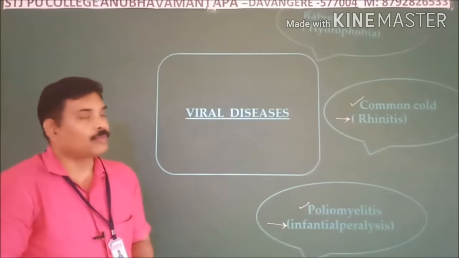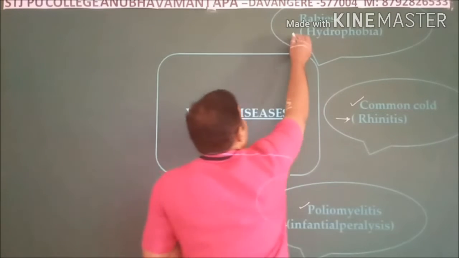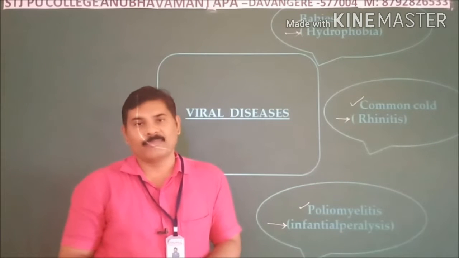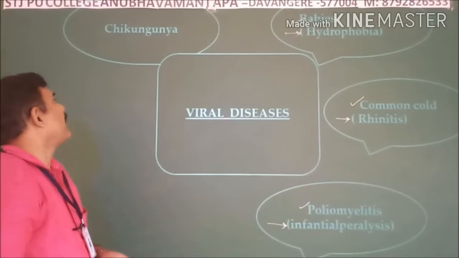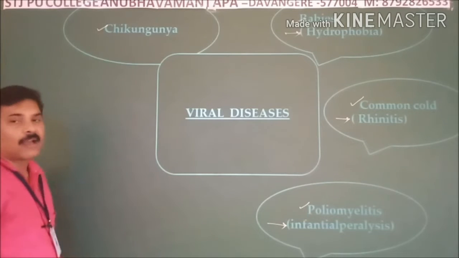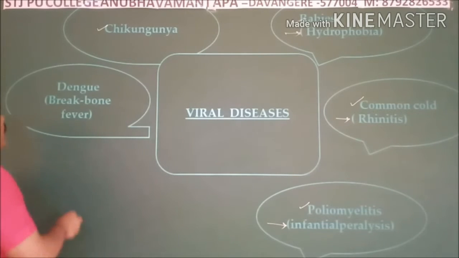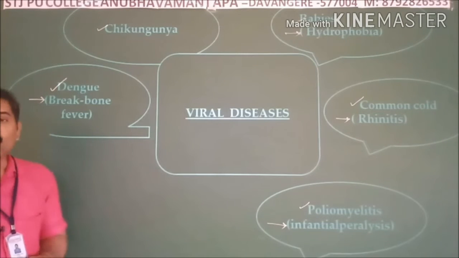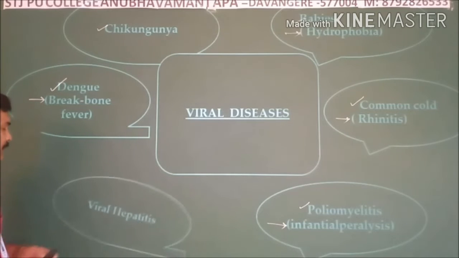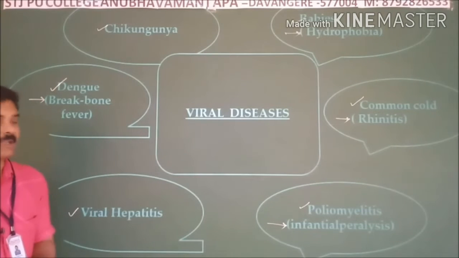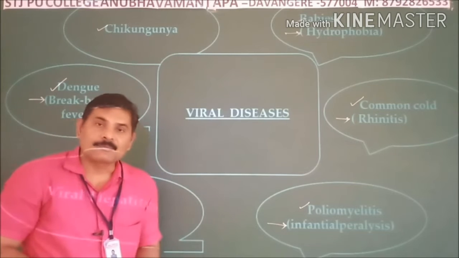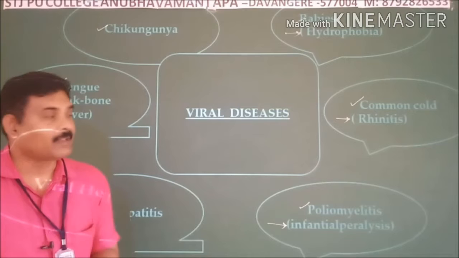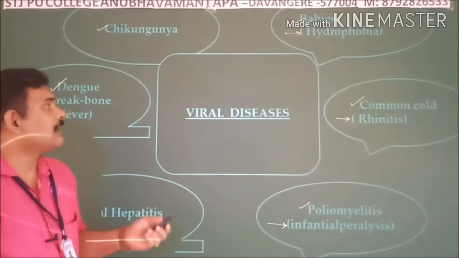The third disease is rabies, otherwise known as Hydrophobia. Another disease caused by a virus is chikungunya, and thereafter dengue, otherwise known as breakbone fever, and then viral hepatitis. These are the various types of viral diseases that we are going to see in detail in the coming session. Right, let us see each one in a detailed way.